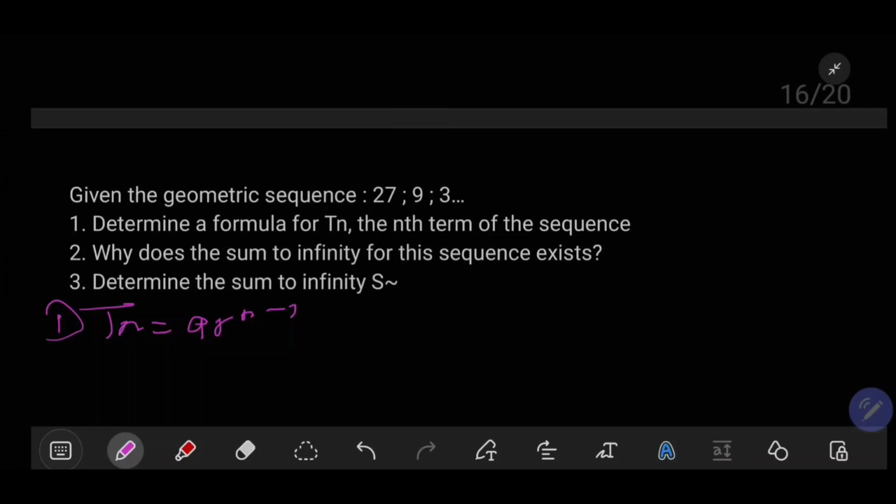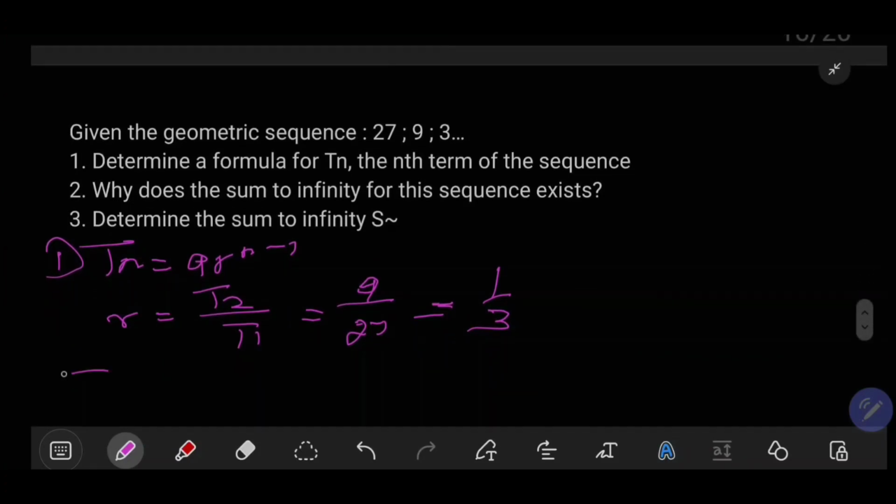Our a value is 27, that is the first term. Our r value is T2 divided by T1. Our T2 is 9, and we divide that by 27, which gives 1 over 3. So our Tn is equal to 27 times (1 over 3) to the power n minus 1. This is your general formula.